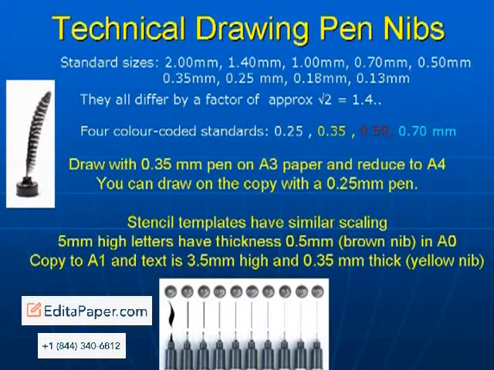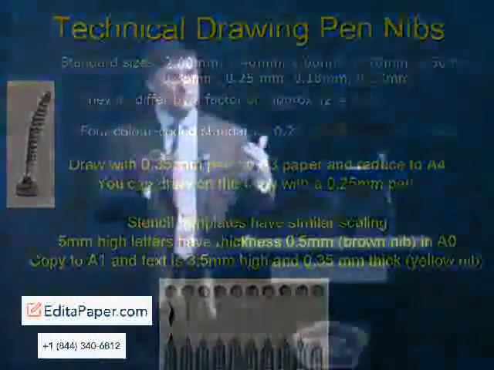So the trick is that if you draw on a piece of A3 paper with the 35mm pen, and then you reduce the drawing to A4, you can carry on drawing on that piece of paper using the 25mm pen, and the 35mm lines will have been reduced to the size of the 25mm lines. So you adjust your lines to the drawing after it's been reduced or enlarged.